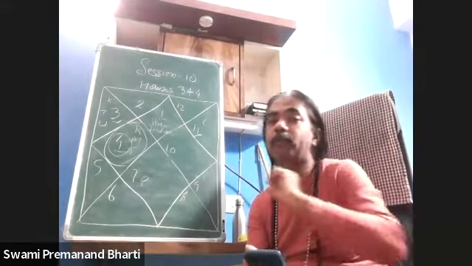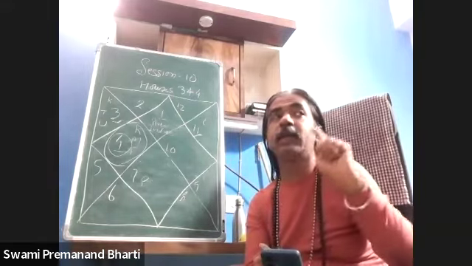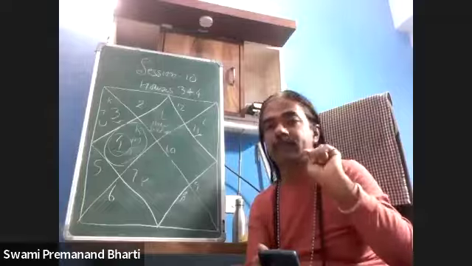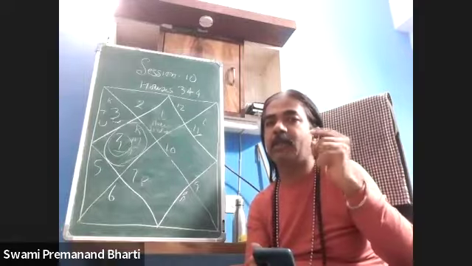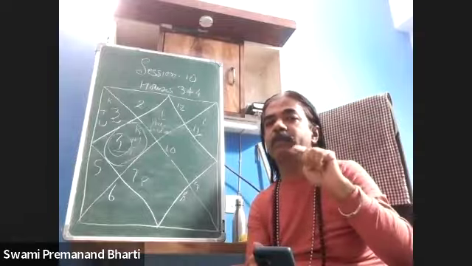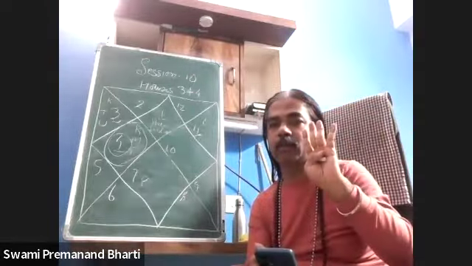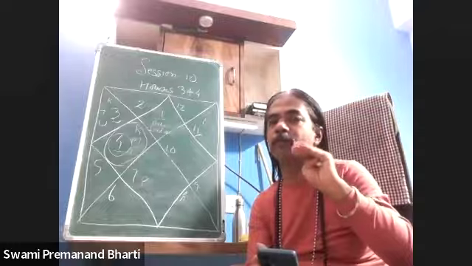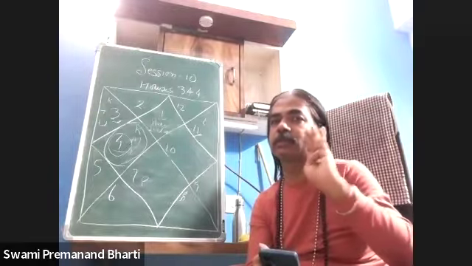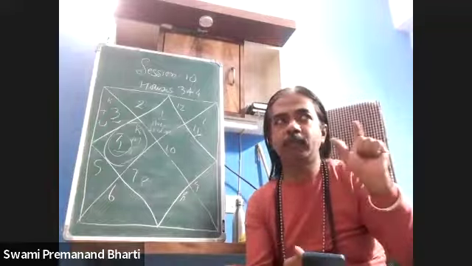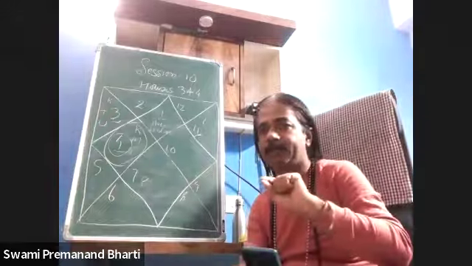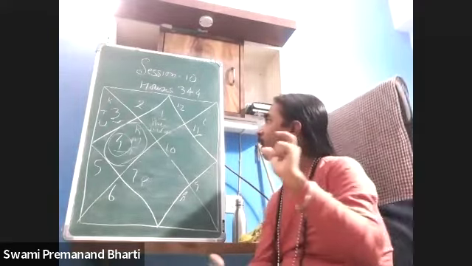So that is why Moon becomes karaka of fourth house. Venus due to conveniences. As I said, fourth house represents our conveniences, and Venus represents our conveniences. This is why one of the karakas of fourth house is Venus also. So this is why Moon and Venus become karakas of this fourth house.